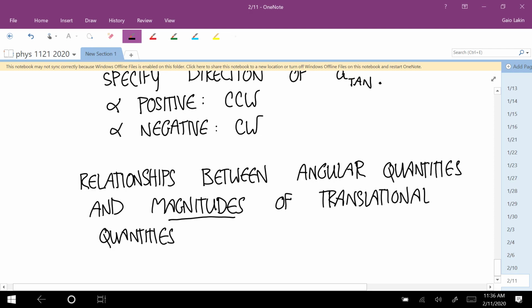So remember, we already can, intuitively, by just understanding what the directions mean, figure out the directions of the translational quantities from the signs of the angular quantities. So all we need then is the magnitudes, and this is how we get the magnitudes.